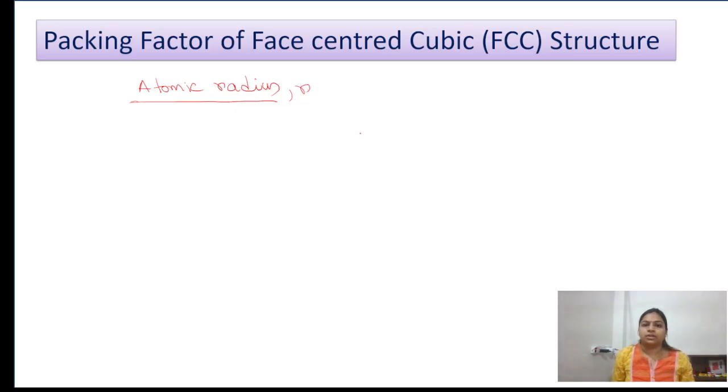Let us first consider that atoms are connected along the face diagonal. So let us consider a diagram.